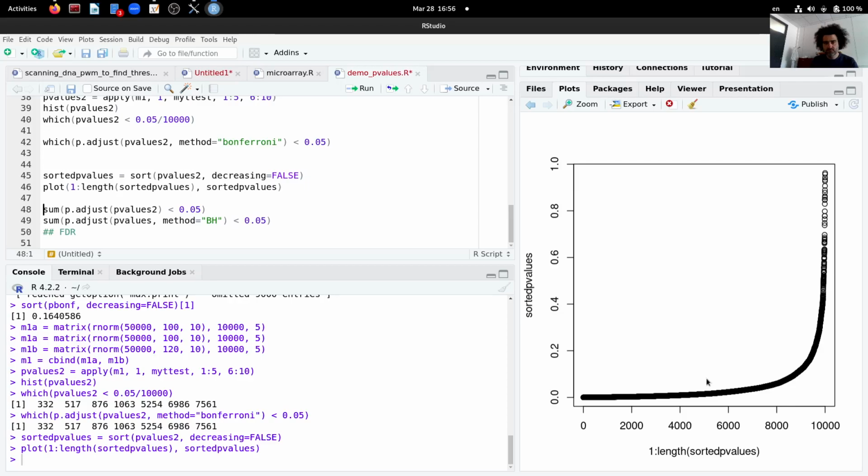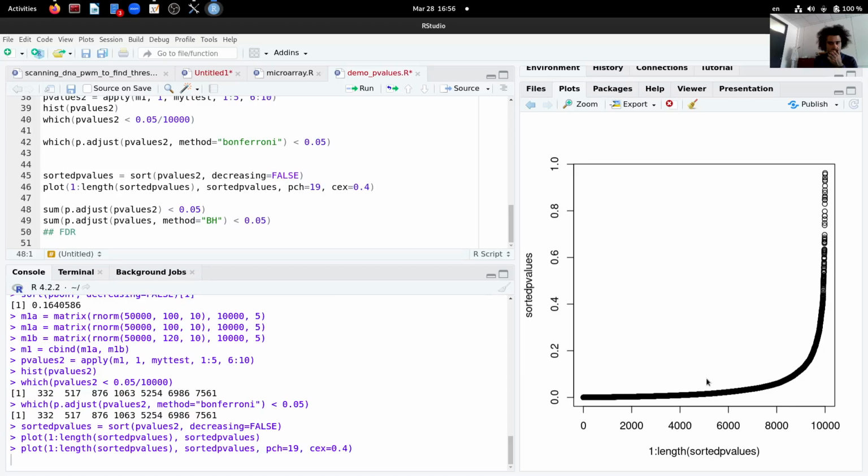I will put smaller points, and I will just focus on a small part of this plot, let's say from 0 to 0.1, because the scale is too large and we cannot see what's happening here.